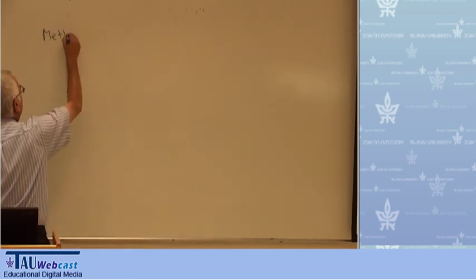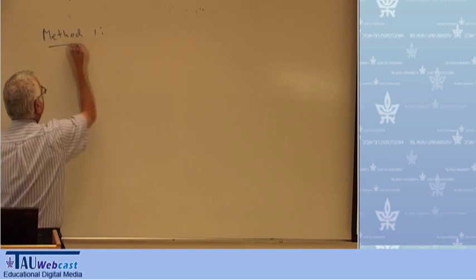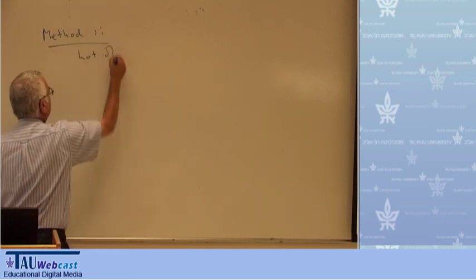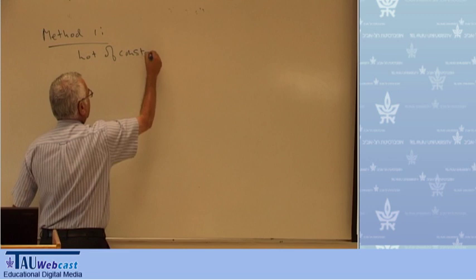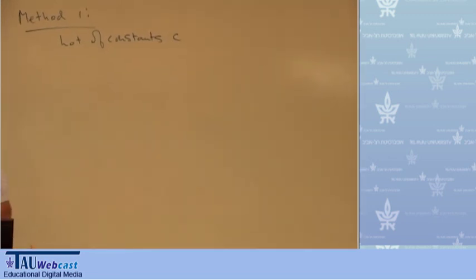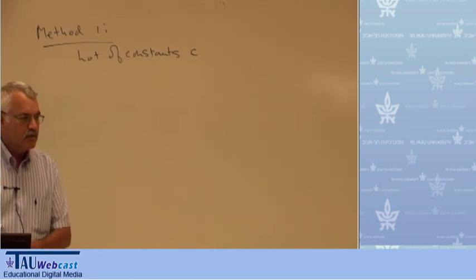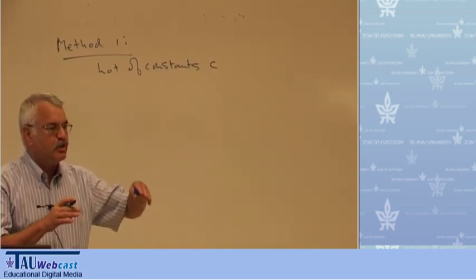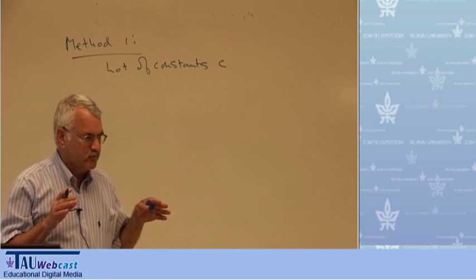The first method turns up in one of my slides. You take a lot of constants C. The method is to see if there is an all-positive portfolio.